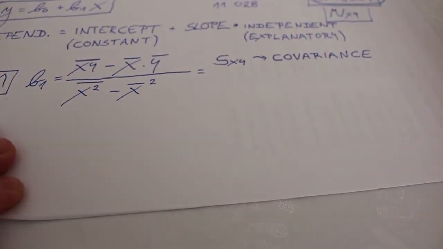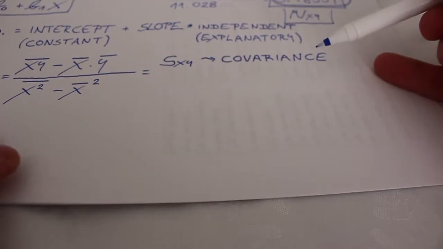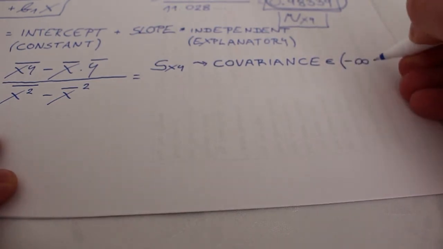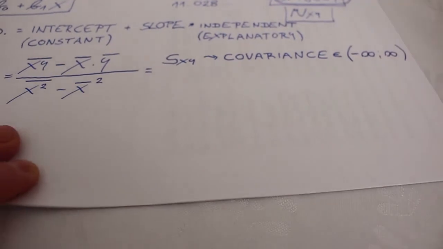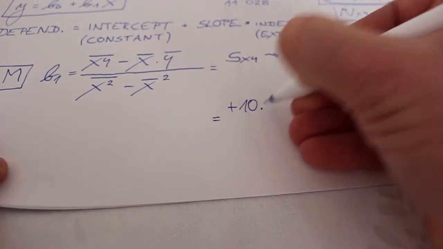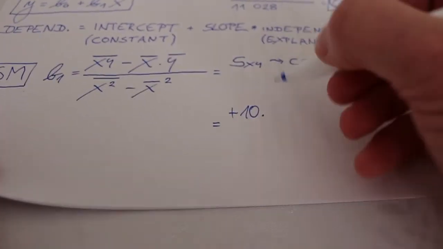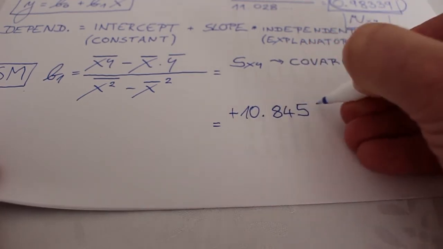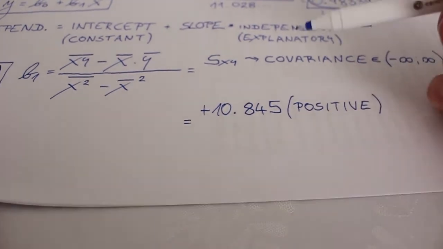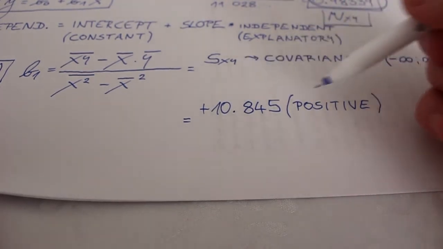This covariance is an element of the range from minus infinity to plus infinity, and you know that our covariance was plus 10.845. What does it mean?